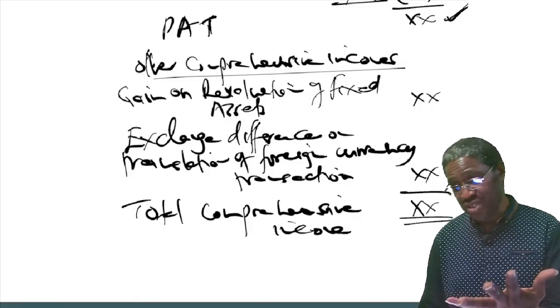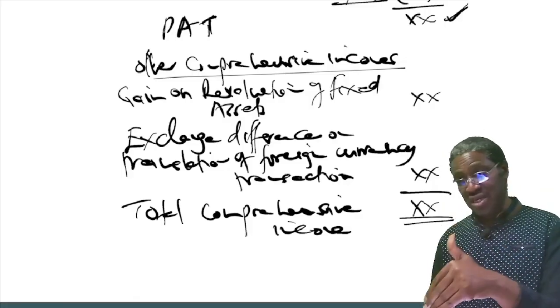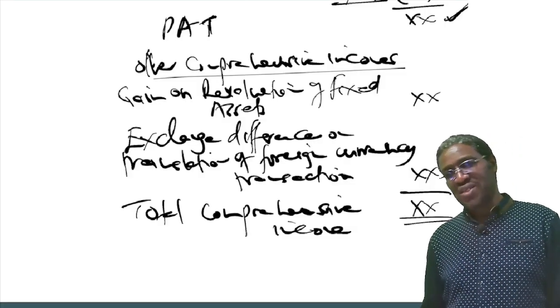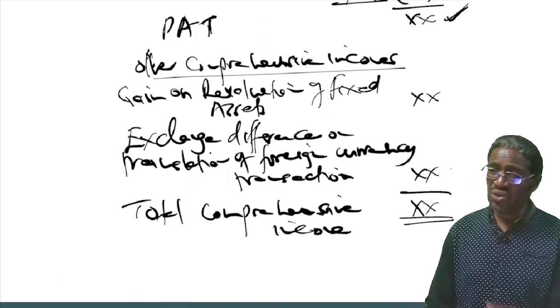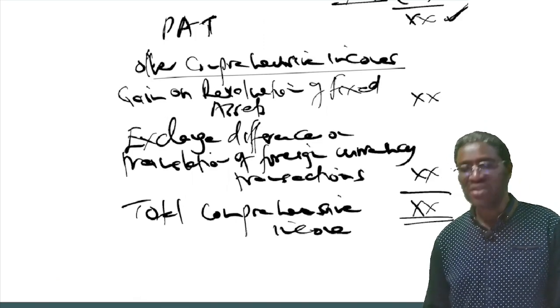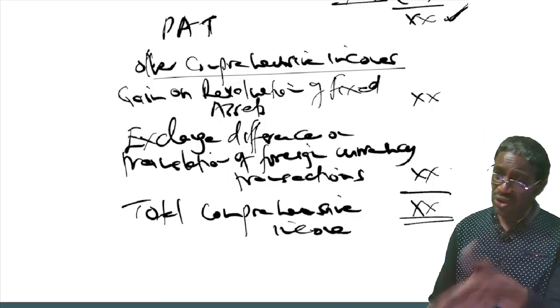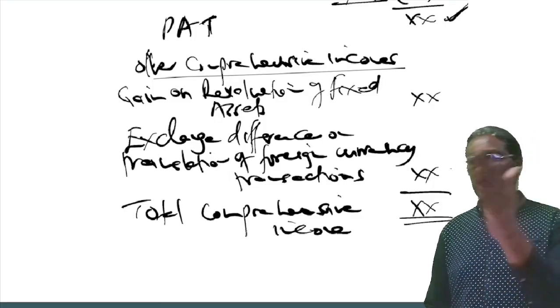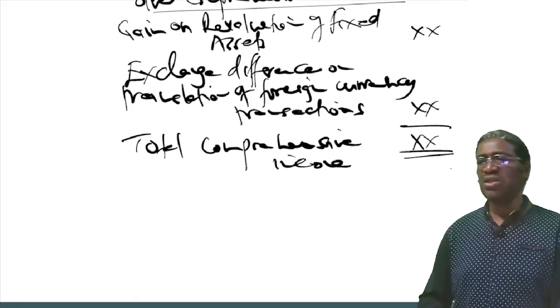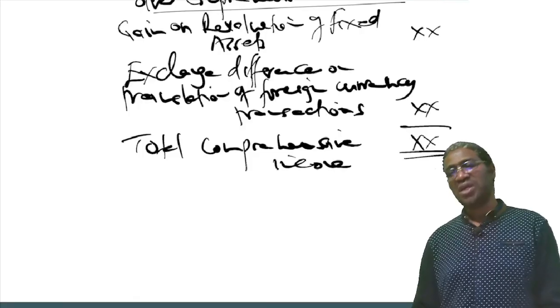Of course, if it's a loss on revaluation, you minus. Then another example, exchange difference on translation of foreign currency transactions. Again, it could be a gain or loss. If it's a gain, you add. If it's a loss, you minus. Then you get what we are calling total comprehensive income.